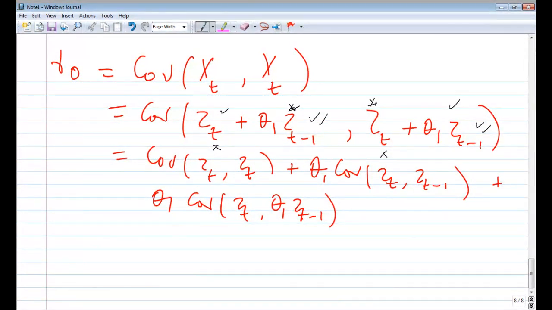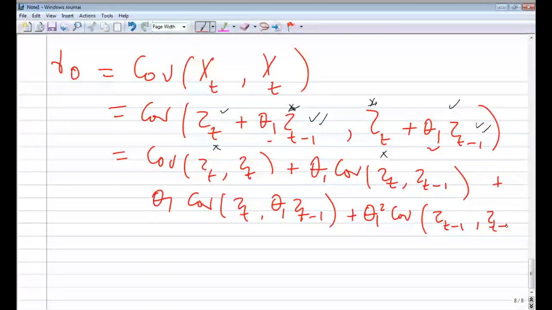Find the covariance of that. Then you get plus, because you have got two constants here, theta 1 and theta 1, so you multiply them together to become theta 1 squared. Then the covariance of zt minus 1, zt minus 1. Are we together?